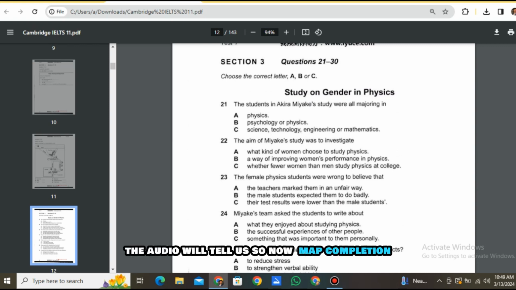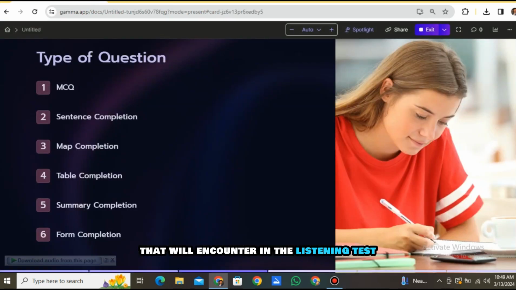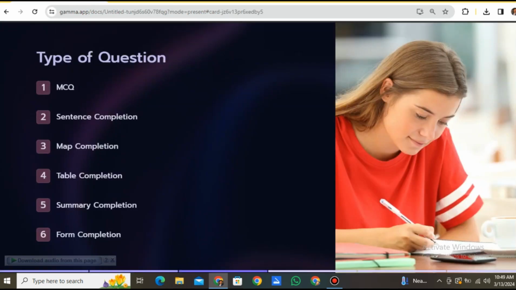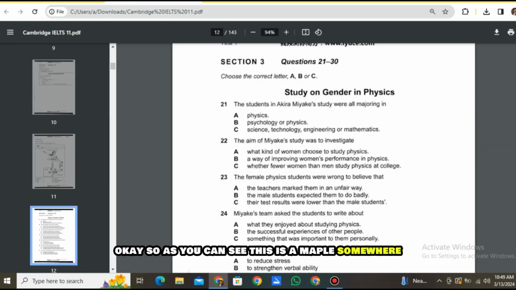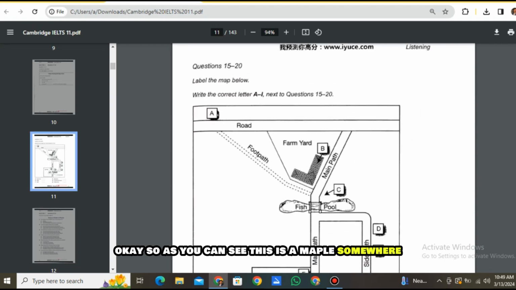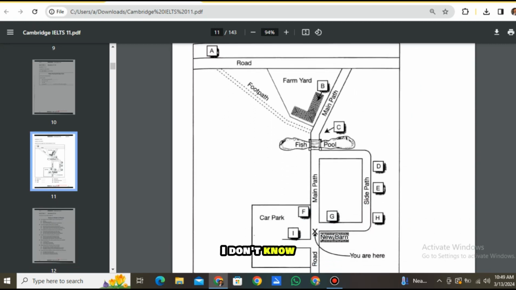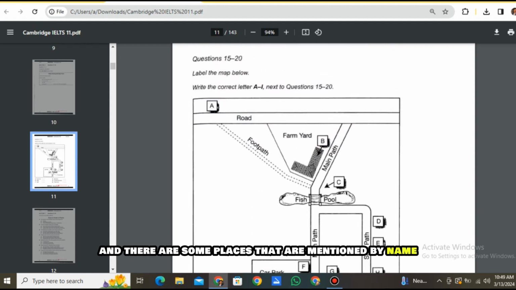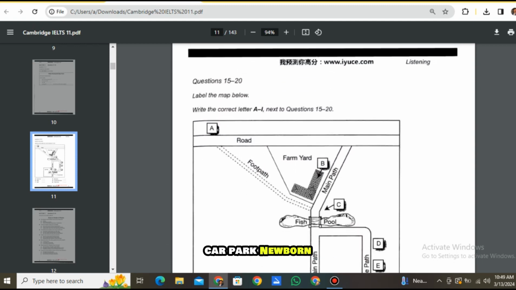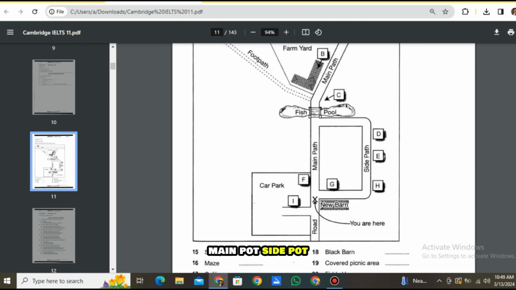So now map completion, third type of question that we will encounter in the listening test. This is a map. As you can see, this is a map of somewhere, I don't know, and there are some places that are mentioned by name: car park, new barn, main path, side path.